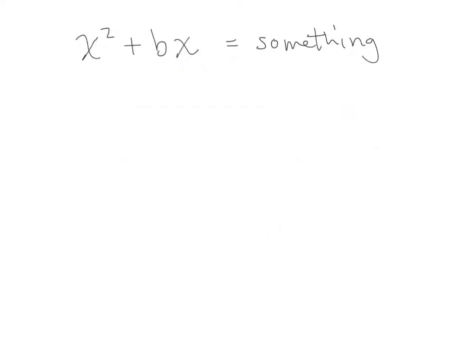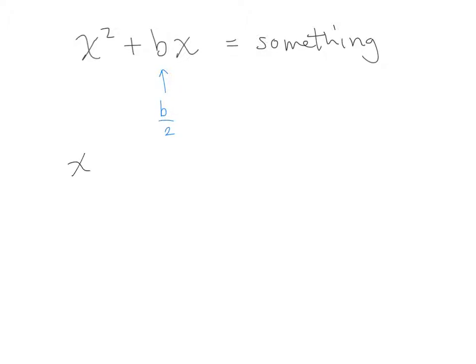So here we have a little more general case. We have x squared plus bx equals something. Based on our previous slide, what we want is our outers and inners to add up to b, which means they're duplicates, which means that the outer and inner are actually b over 2.